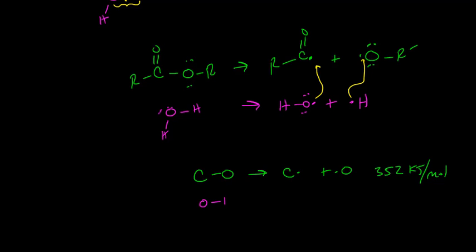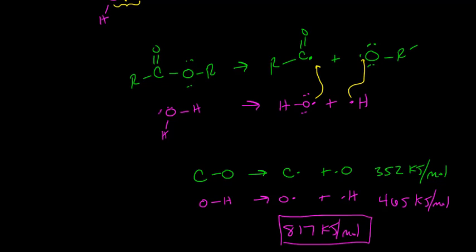Breaking an OH bond, to create our oxygen and our hydrogen, requires 465 kilojoules per mole of energy. So overall, to reach the transition state, to create these high energy intermediates, it would require 352 plus 465 kilojoules per mole of energy, which is 817 kilojoules per mole. This would be the activation energy. That's a lot of energy.